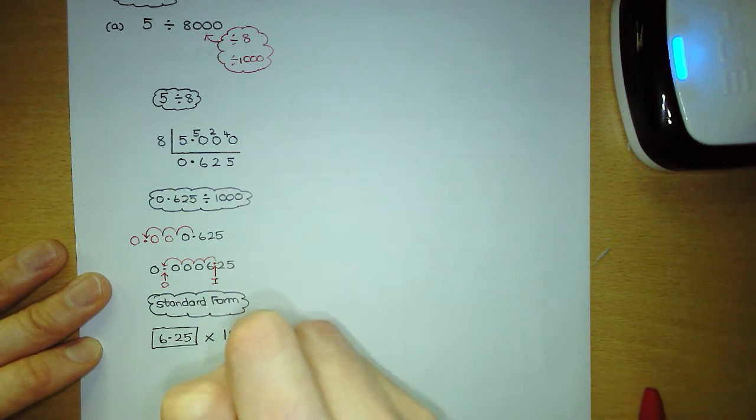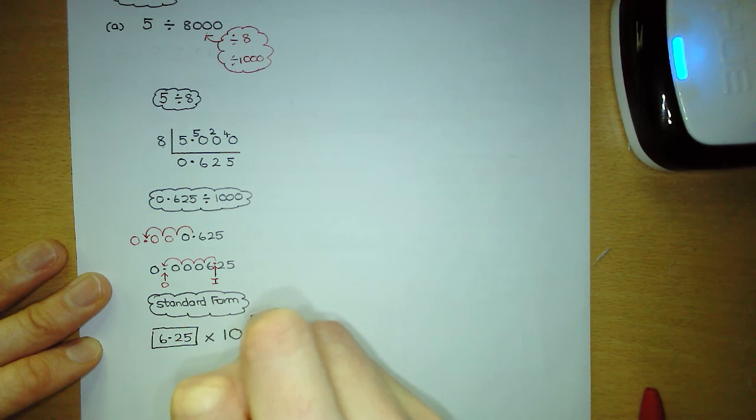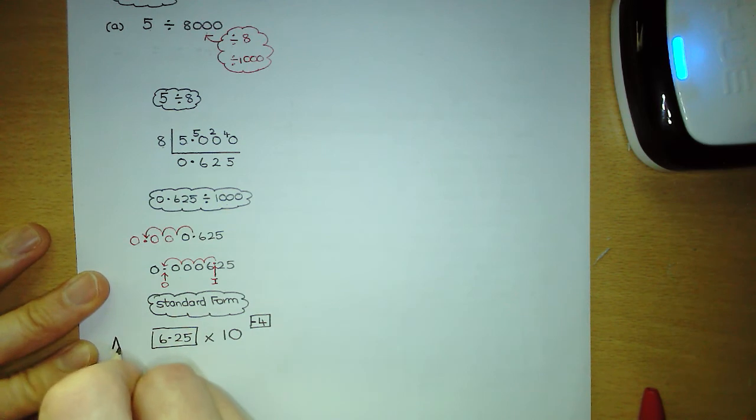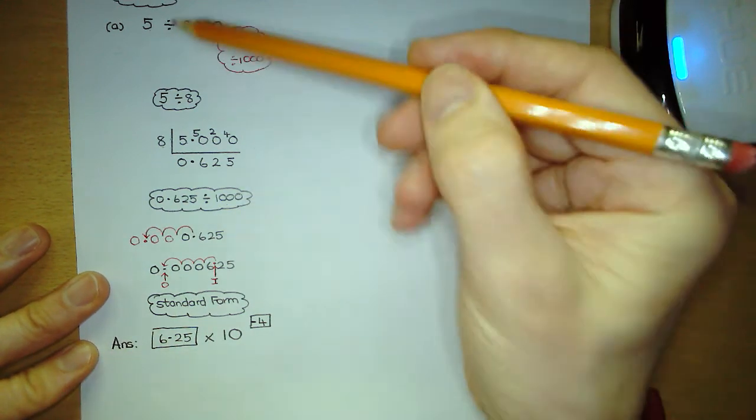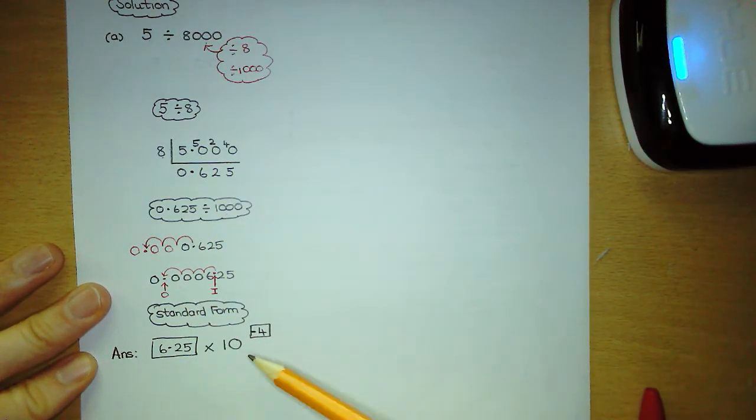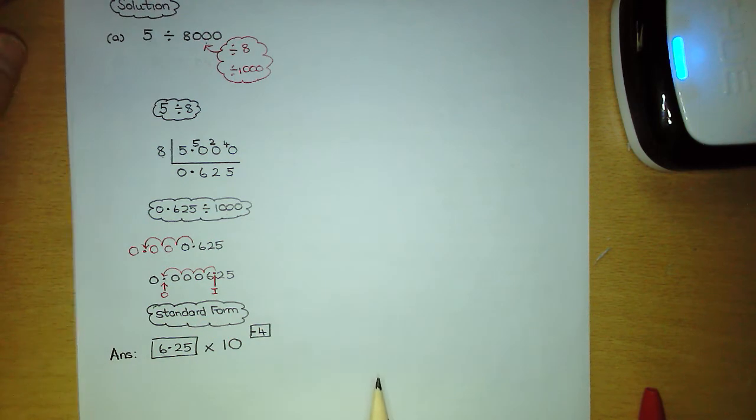Negative means we have to move left, and the 4 meaning we move 4 places. And that's our final answer. So we've worked out 5 divided by 8,000, and we've given the answer in standard form. Okay, that was part A.